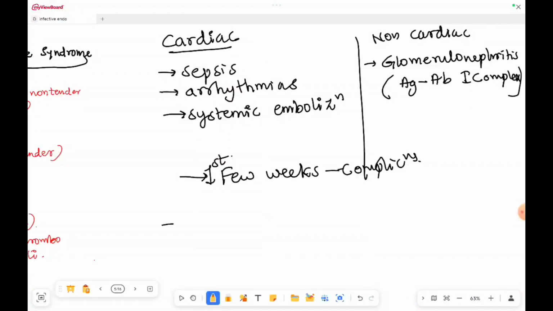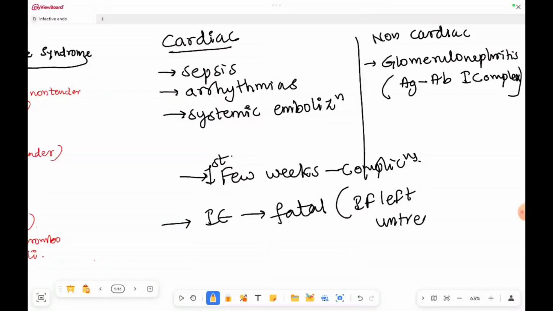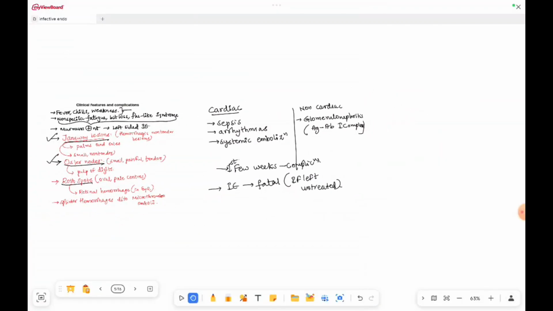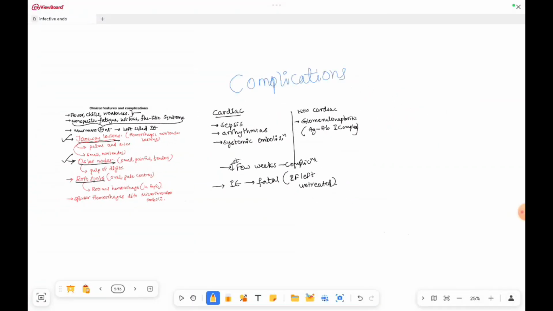So infective endocarditis is fatal if left untreated. So this is about clinical features and complications, cardiac and non-cardiac.